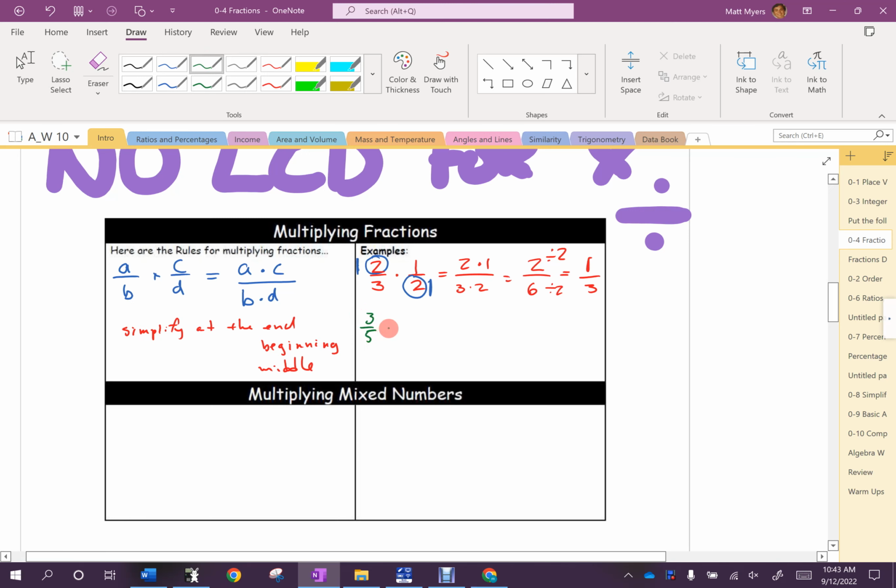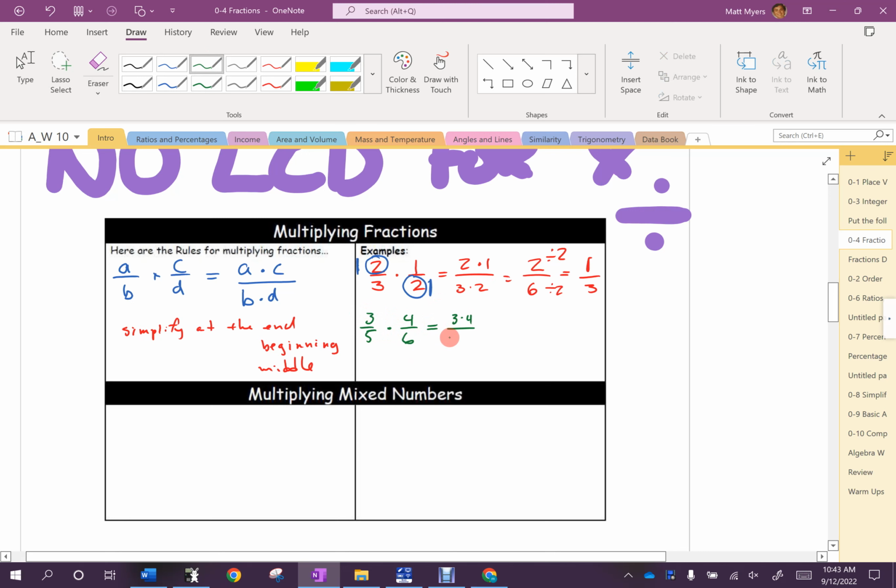3/5 times 4/6. Actually, we could simplify that in the middle too. But we're going to simplify at the end. What do you do with 3 and 4? 3 times 4.